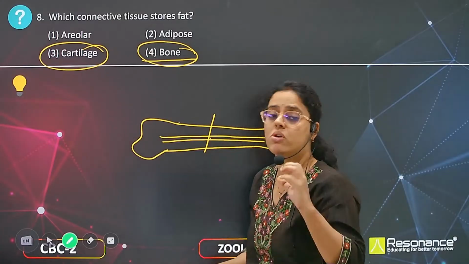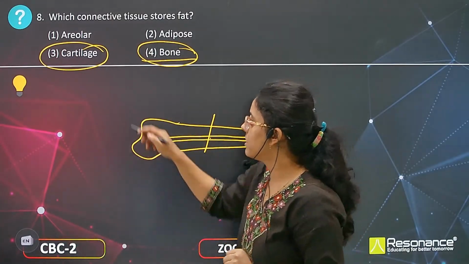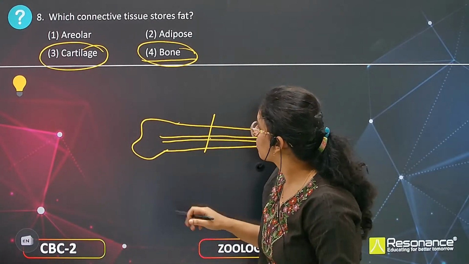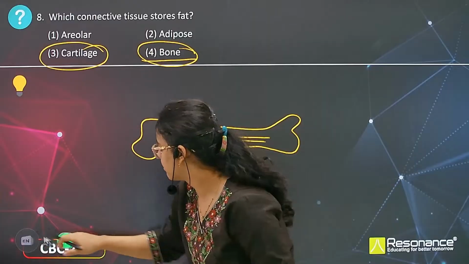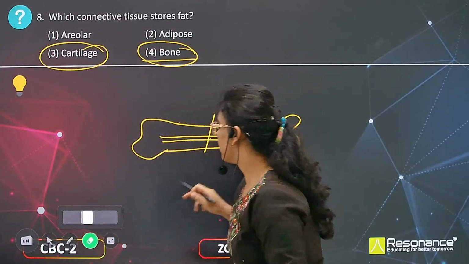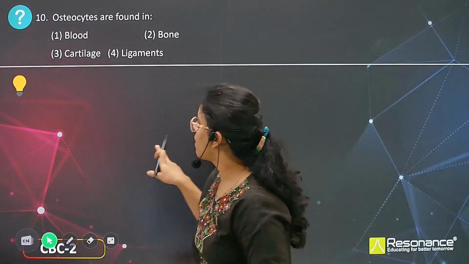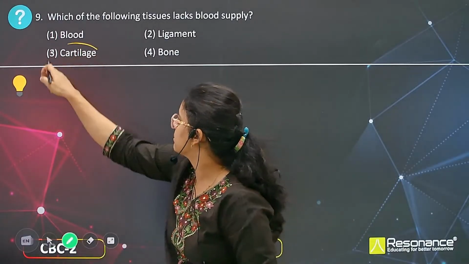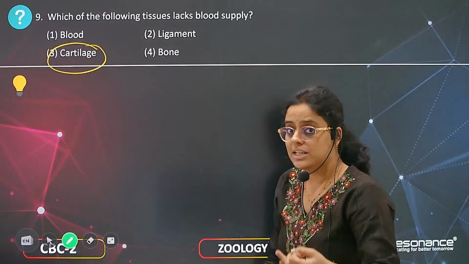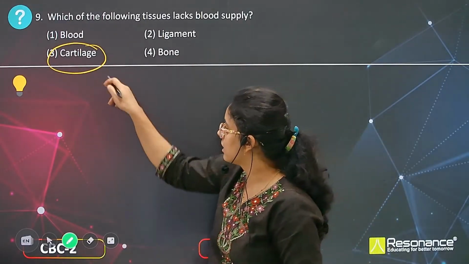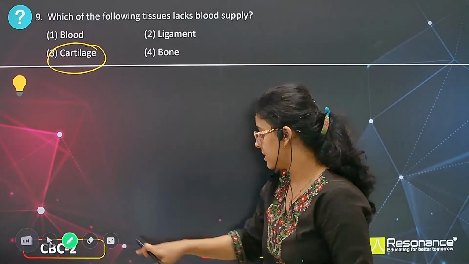So even bone has blood supply, but cartilage doesn't have blood supply. So here the cartilage doesn't have blood supply. Bones have blood supply, but the cartilage doesn't.